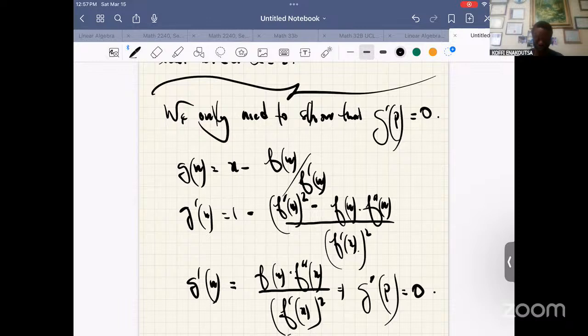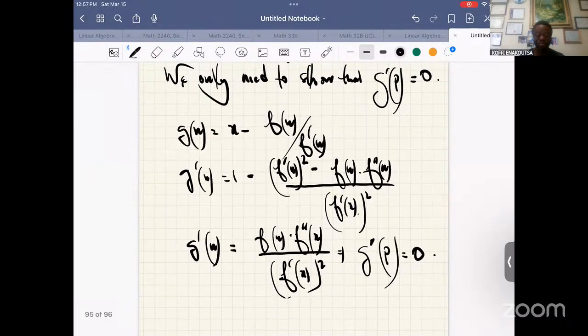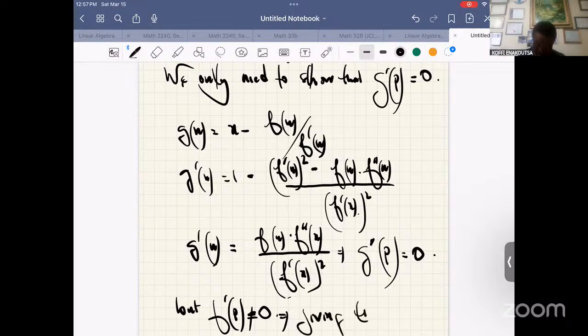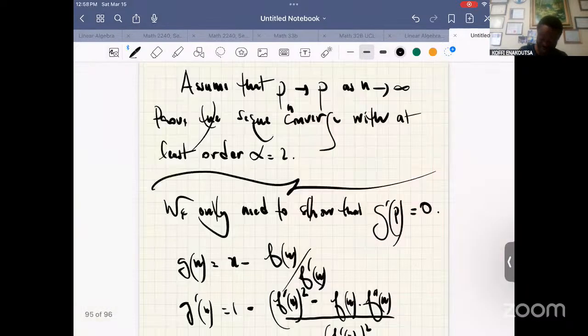But f prime at p is not 0. And then it will give the quadratic order of convergence.